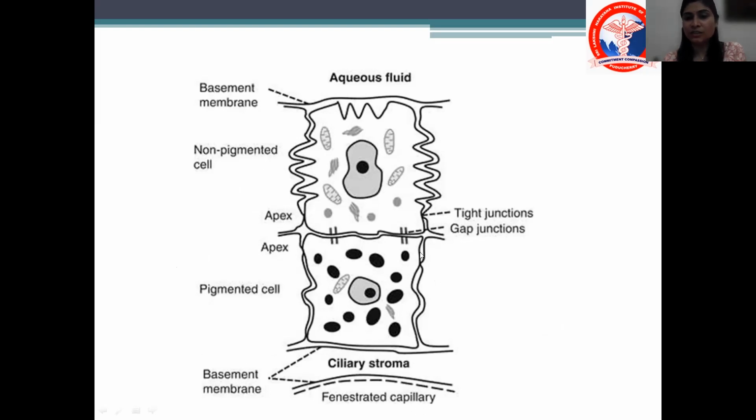Because of this, it is called the blood aqueous barrier. And then again, there is the basement membrane, the ciliary stroma, and the capillaries. So the blood from the capillaries does not cross these junctions, and aqueous is a clear fluid.